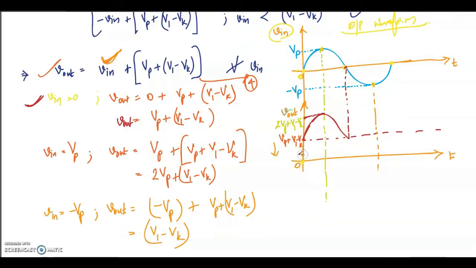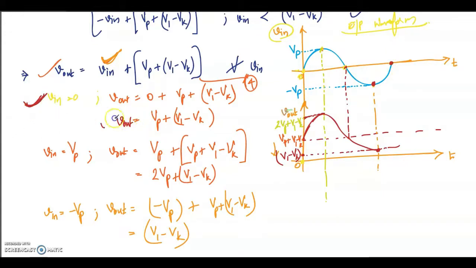So let me mark it here somewhere. It would be V1 minus Vk. This point. Okay. Once again, we bring it here. When Vin is equal to minus Vp, Vout is equal to V1 minus Vk. Bring it here. Next Vin equal to 0.